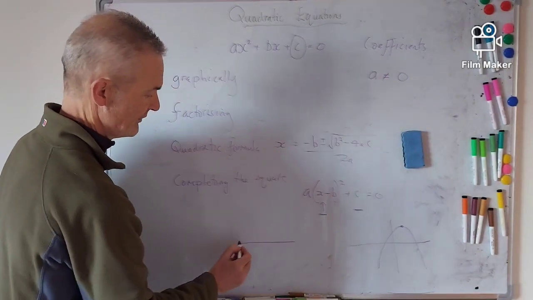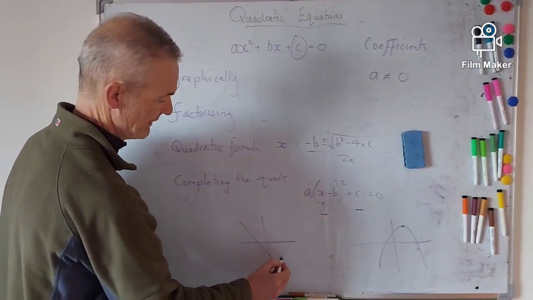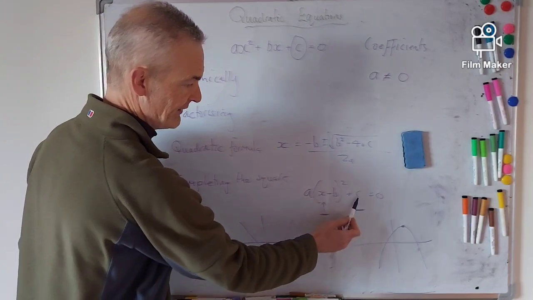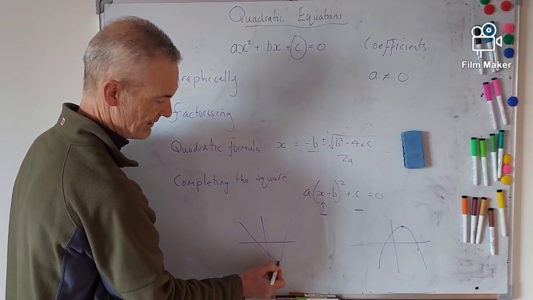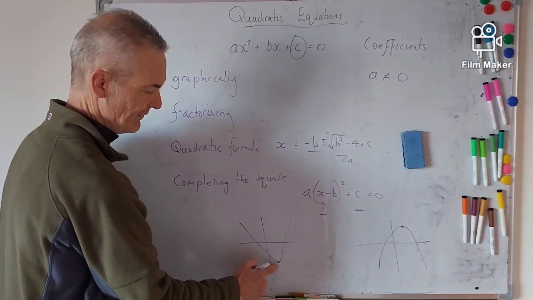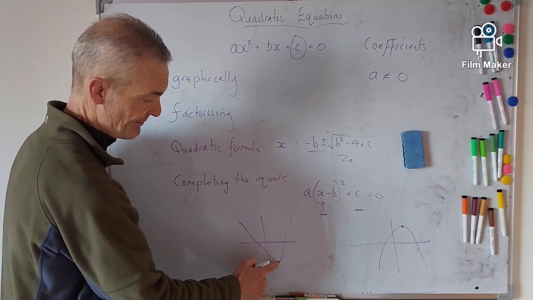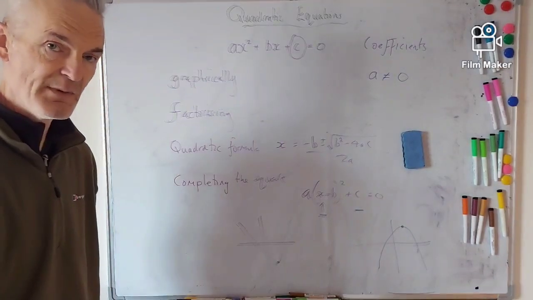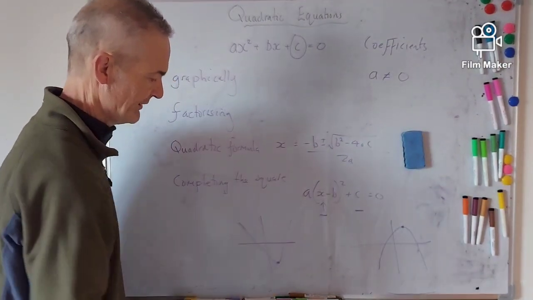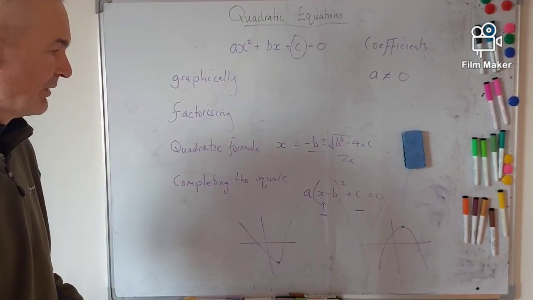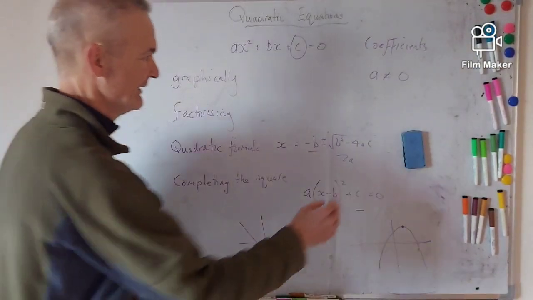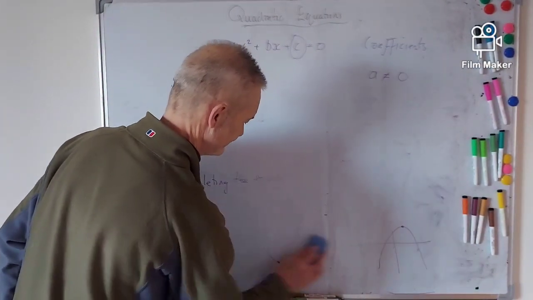If the curve went the other way round, like so, again these two values would give you the coordinates of that point there, which would be a minimum point, the lowest value of that quadratic curve. So that's completing the square. And again, we'll look at that later in another video.